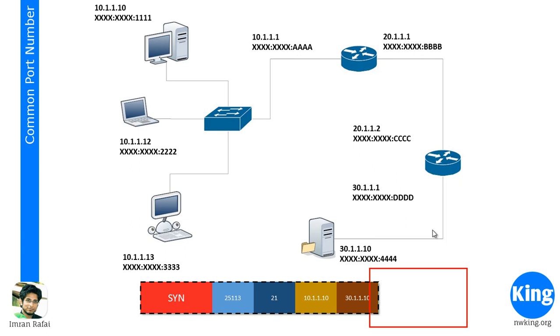Next it looks at the IP address. The minute it sees the destination IP address is 30.1.1.10, it realizes that this packet is not to the router, but is going through the router, right? So it says, okay, I need to see where the 30.1.1.10 network is.